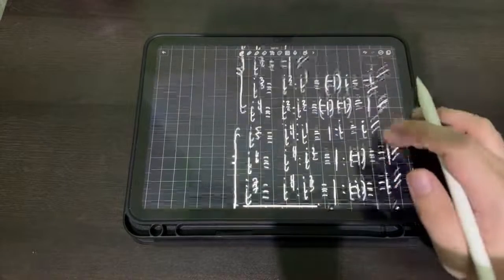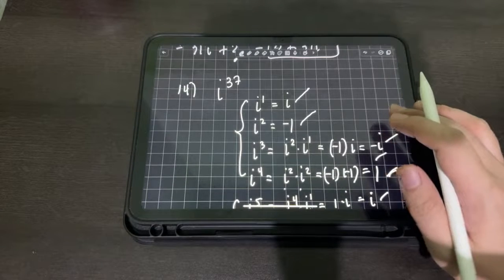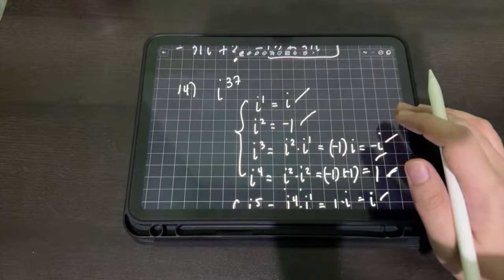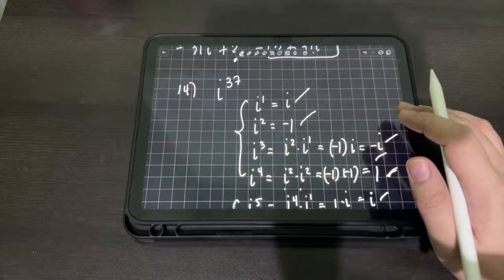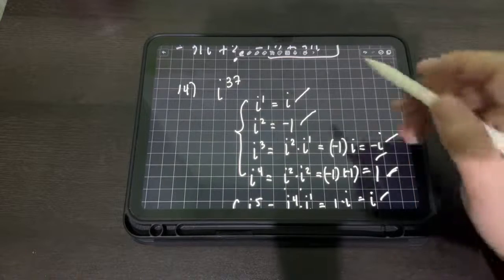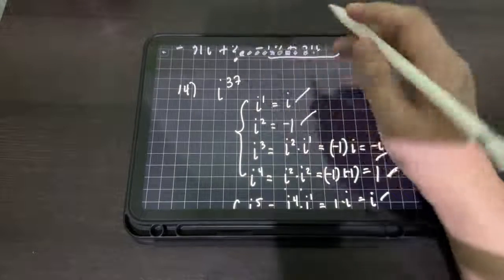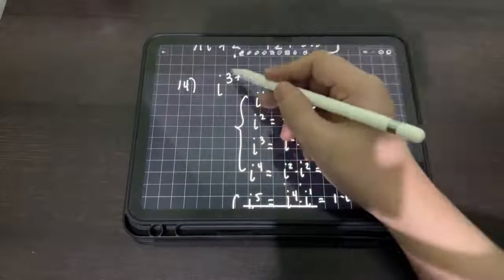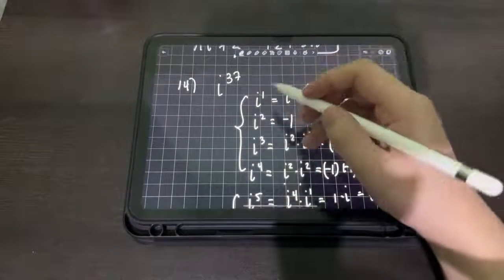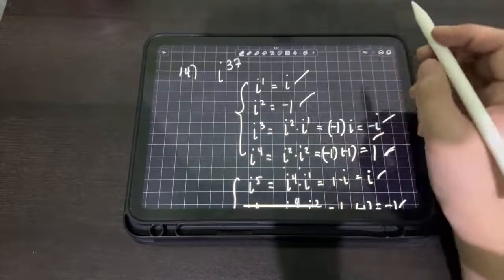So what does it mean? To simplify the powers of i raised to a certain integral exponent, no matter how big it is, you just need to get the remainder when you divide that power by 4, since every fourth power of i, the pattern repeats, right?